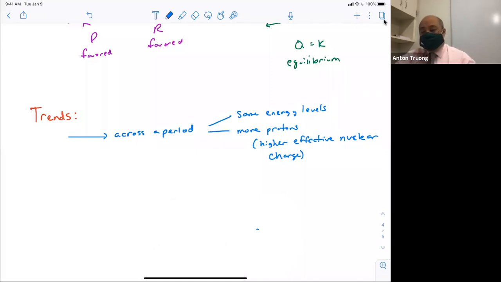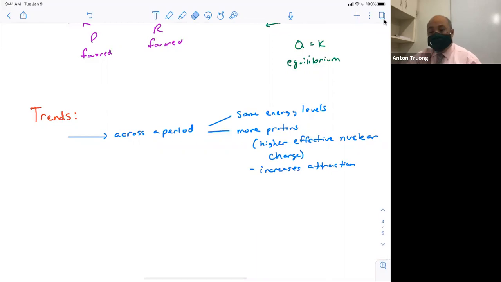And so that effective nuclear charge increases the attraction, which can then be applied to whatever trends you're doing: ionization energy, atomic radii, electronegativity. That increased attraction helps you explain the reasoning for that.